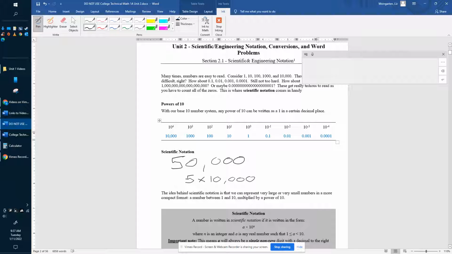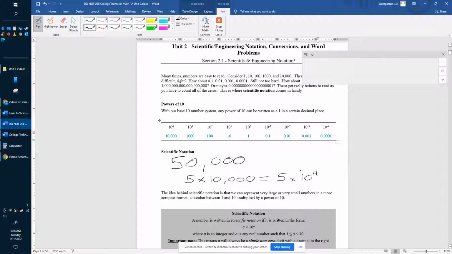So instead of 1 with 4 zeros after it, we are going to have 5 times 10 to the fourth.